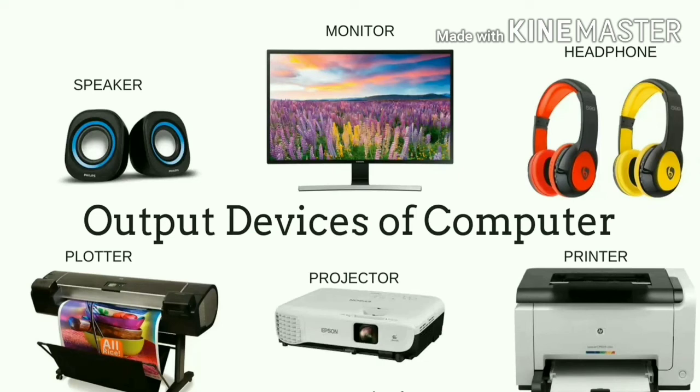The monitor is used to display the information. The speaker, headphone is used to listen sound or any music. The printer is used to take printouts. The projector is used to display the information or movie on a screen or any surface. So these are the various devices which are used to display the information.